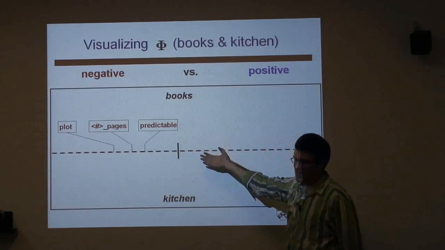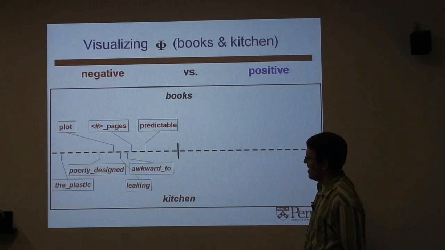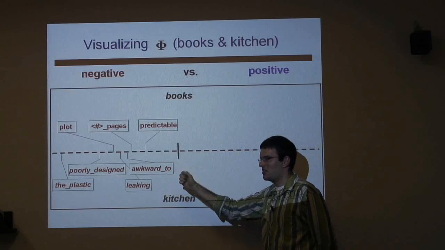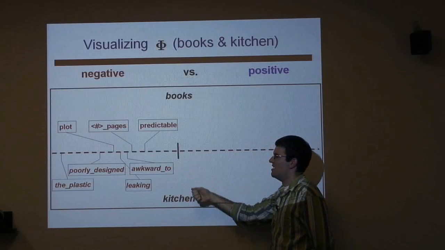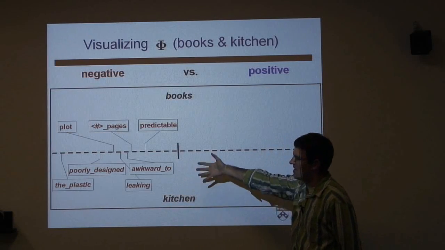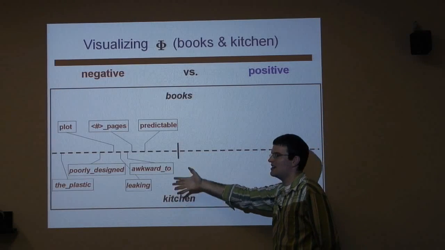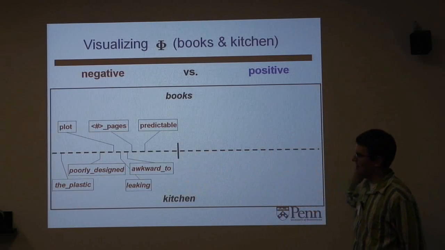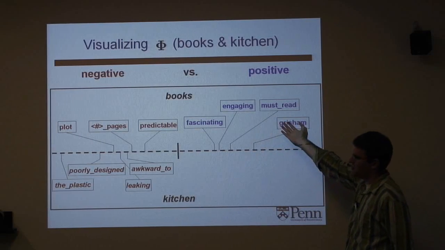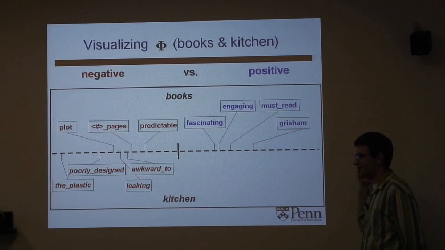If you say something's predictable, that's not a good thing. For kitchen appliances, the plastic, if the little plastic handle breaks, books typically aren't poorly designed, although they could be, but kitchen appliances, if you don't like it, you say it's poorly designed. Leaking, books don't leak. Positive, you have fascinating, engaging, must read. Grisham, people like John Grisham on Amazon.